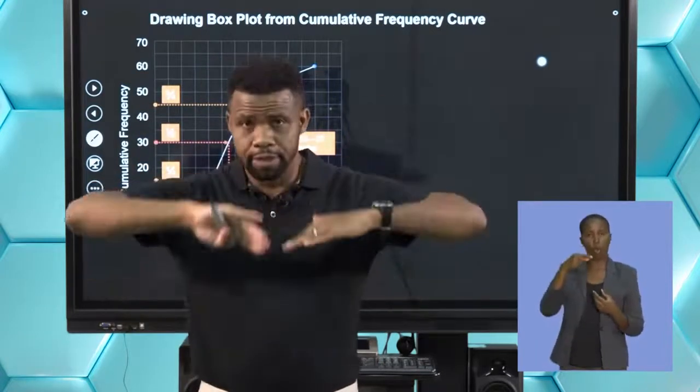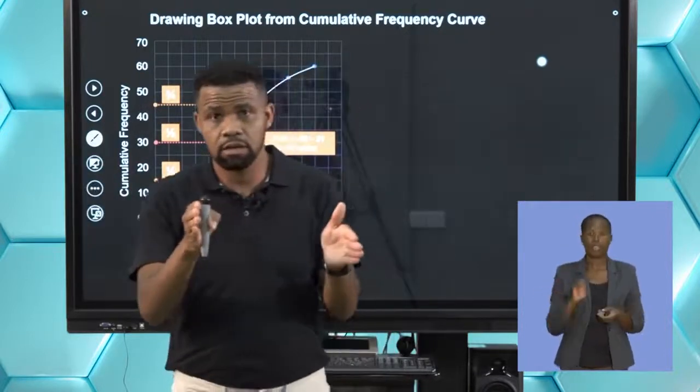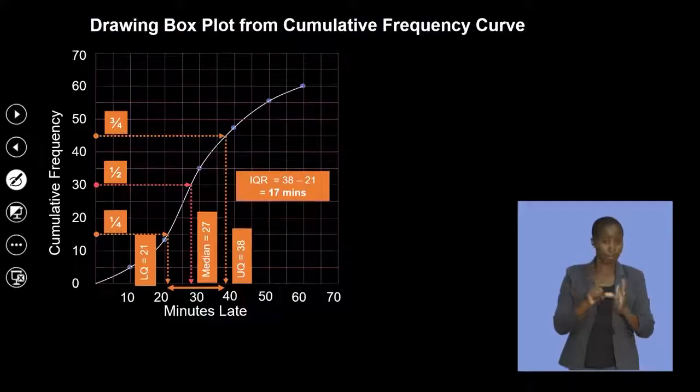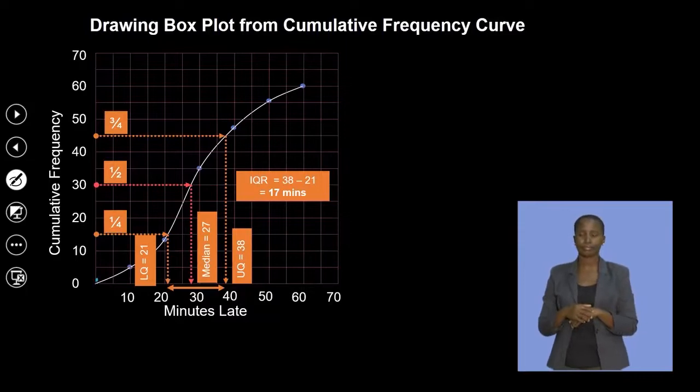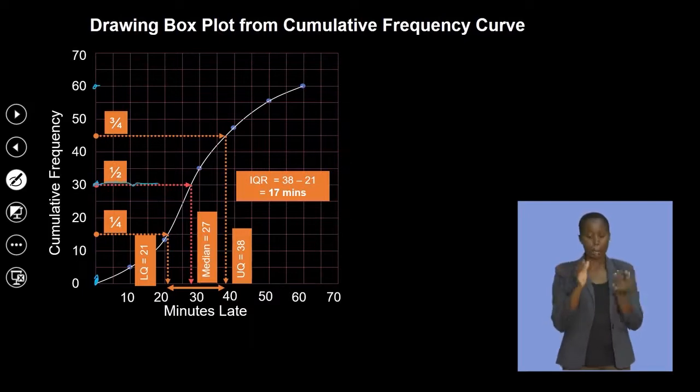Now, if you have the cumulative frequency, we can read quartiles from the cumulative frequency. Let's see how we can do that. So the cumulative frequency is from 0 to 60. The middle will be 30. So from 30, we go across, touch our curve, and go down.